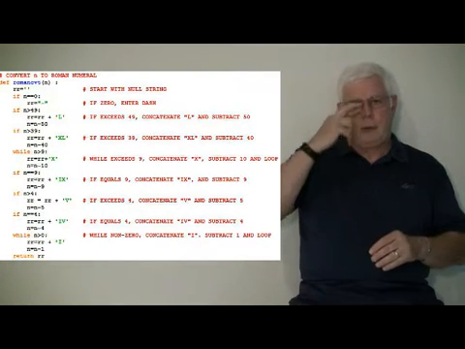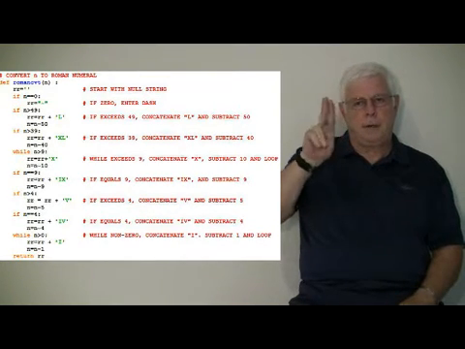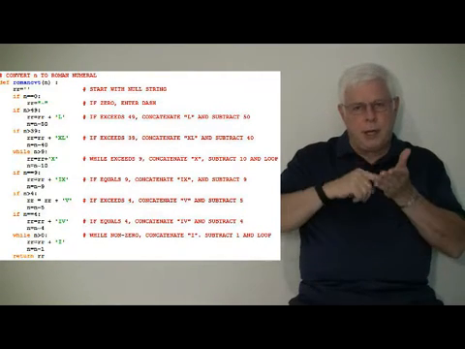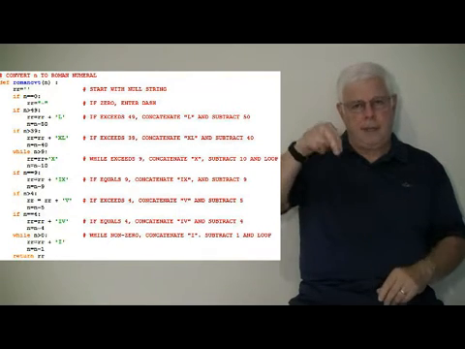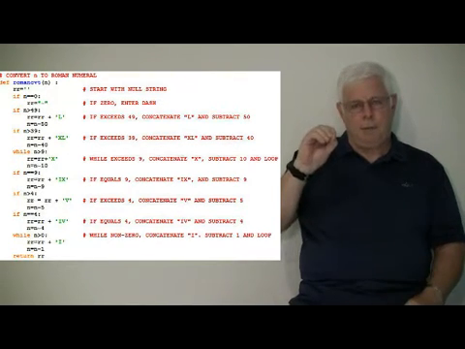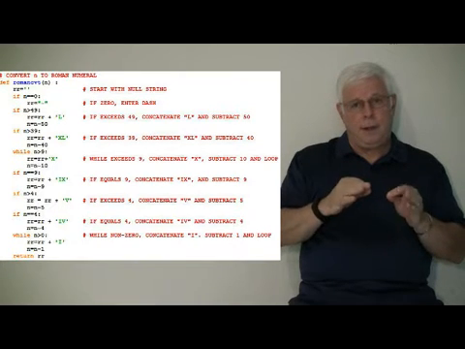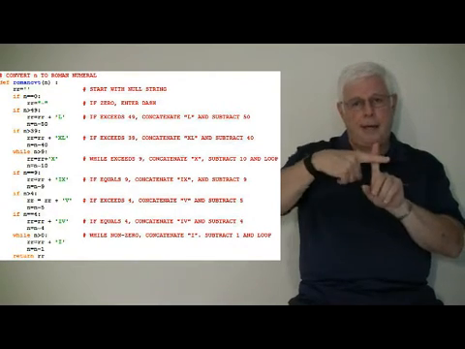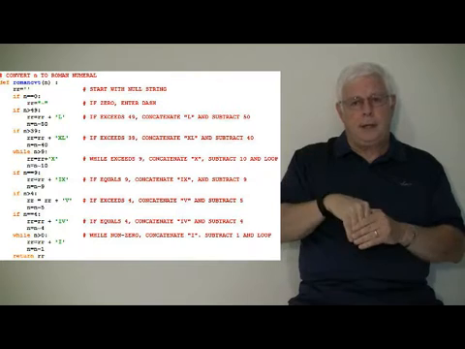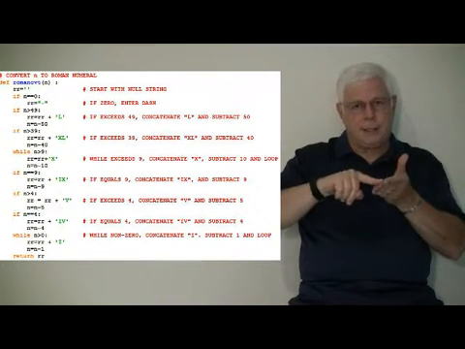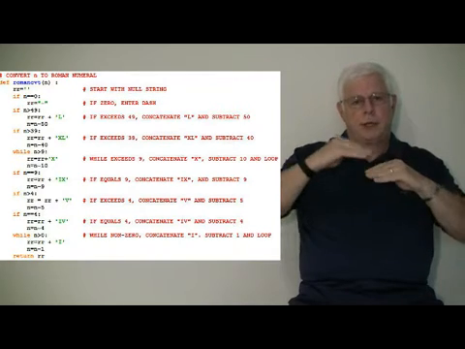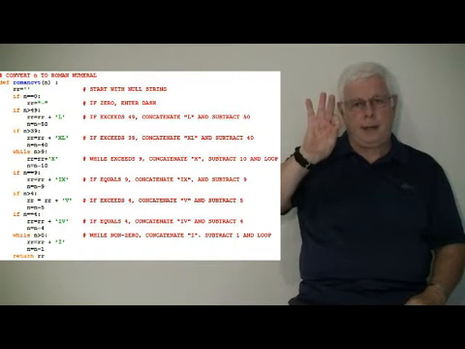Let's explain the Roman numeral function. It starts with checking to see if the number in a variable n is a 0. And if it is, then we're going to concatenate a dash in the response. And then it's going to check to see if our number is greater than 49.